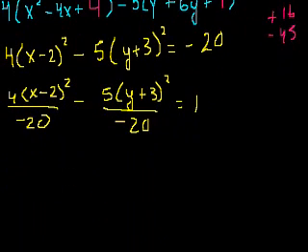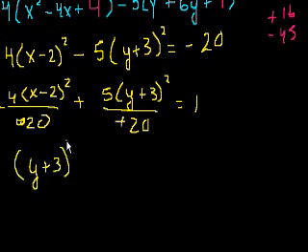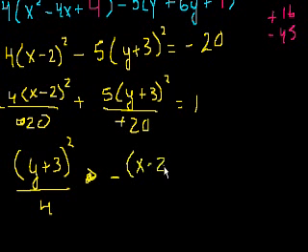And so this becomes a positive, and this one becomes a negative. So let's put this one first. So 5 over 20 is the same thing as y plus 3 squared over 4, right? That's this one. Plus, no, sorry, we have a minus. Minus, and this becomes 1/5, x minus 2 squared over 5. And that is equal to 1.